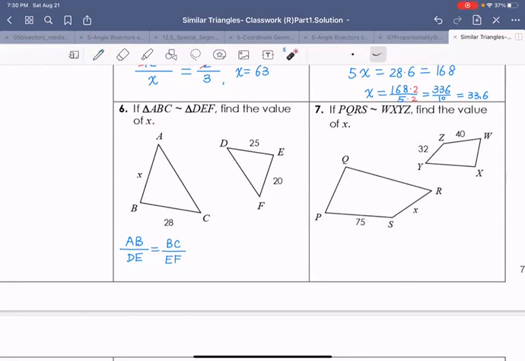And then we can safely plug in those letters and the numbers. Make sense now? Yeah. Now go ahead, plug in the number, please. X over 25. It equals 28 over 20.